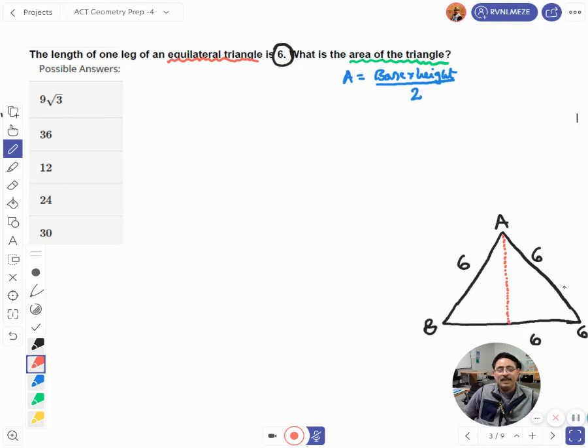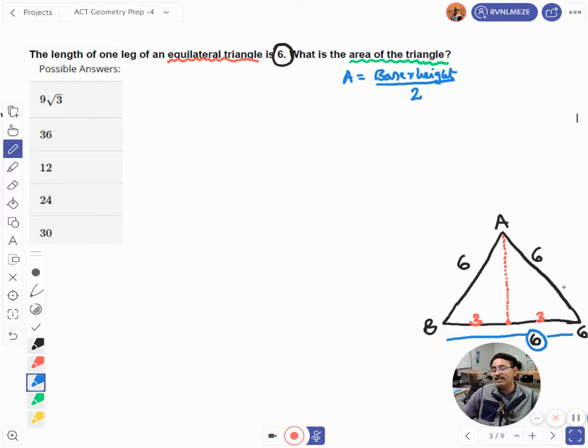You know, in an equilateral triangle, when the altitude or height is drawn, that divides the base into two equal halves. The total length, I see that the base is 6 units, and that is divided as 3 units and 3 units. That is, this is equally distributed.